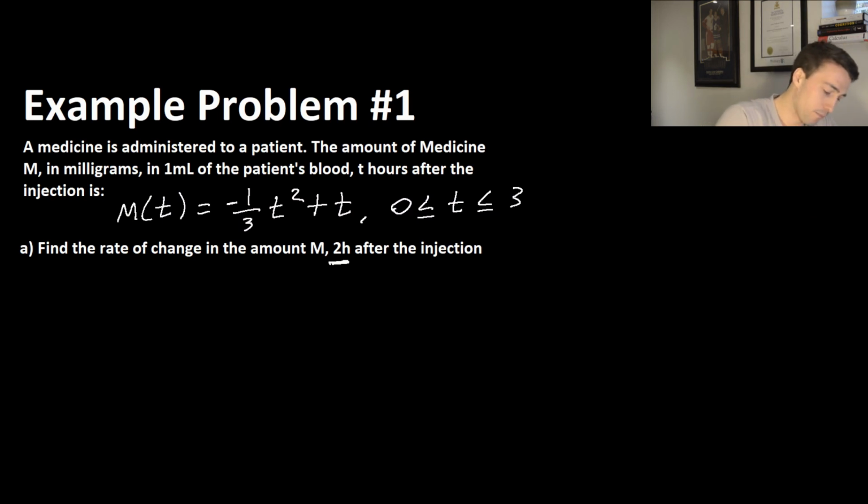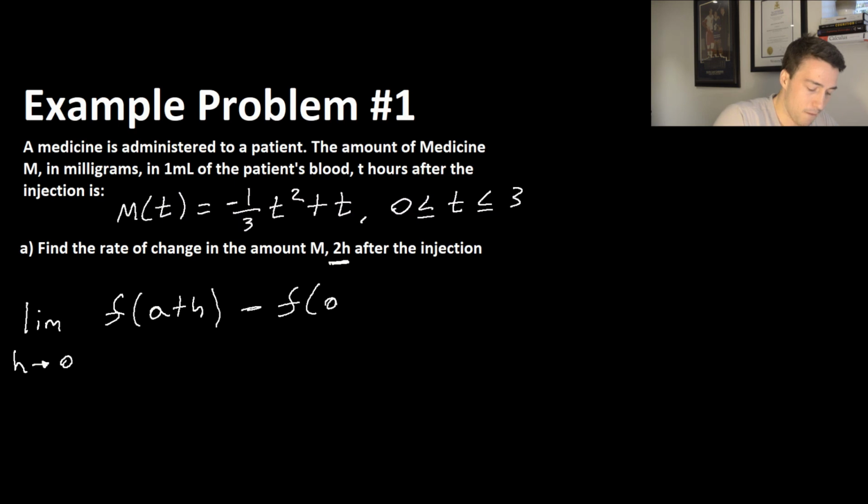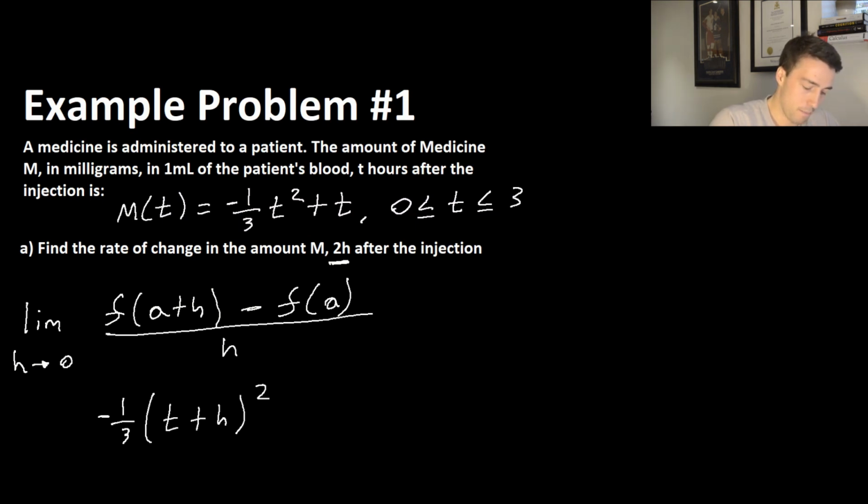So what we're going to do is find the instantaneous rate of change at that point. We're going to apply the difference quotient, which is f of a plus h minus f of a, divided by h, and we're taking the limit as h goes to 0. To do this with this function, wherever we see a t, we're just going to add an h. So we're going to have negative 1 over 3 times t plus h squared, plus t plus h again, minus the original function.